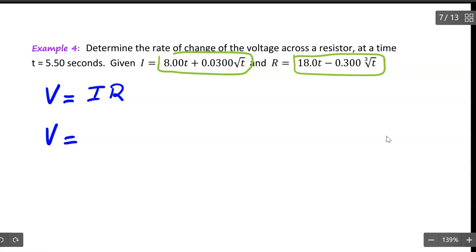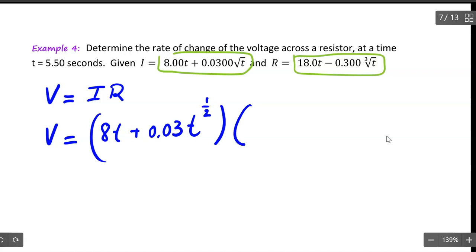So I can go ahead, and nothing wrong with writing it as 18t plus 0.03, and at the same time I will convert this to an exponent as well. Whatever term that I have as a radical, I am going to convert into an exponent. Then I will have 80t times 0.03 t to the exponent a half, 18 times 18t subtract 0.3 times t raised to exponent 1/3.